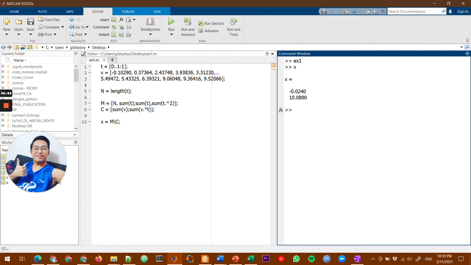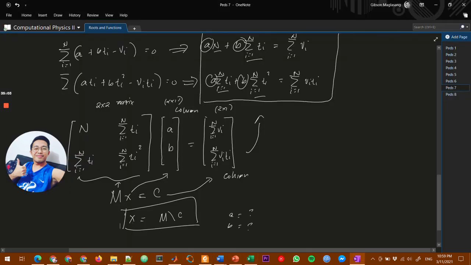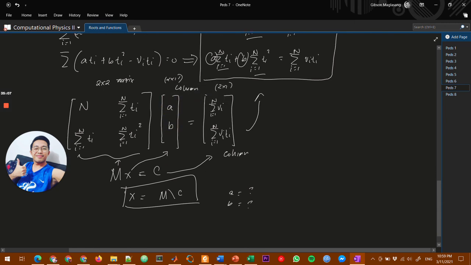Tara. So your x is ang iyang value sa x is you have your negative 0.0240 and ang b is 10.089. So this is for A and this is for B. Okay, that's how easy it is to determine the constants. Tara, this is XA and this is XB. So, na-determine na nato kung saan yung constants.